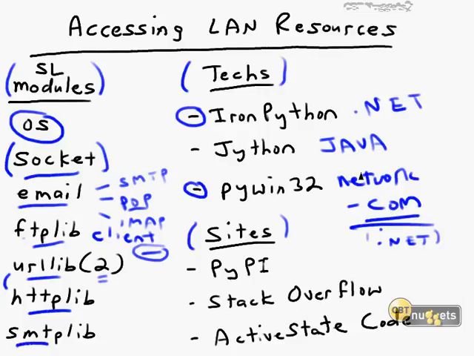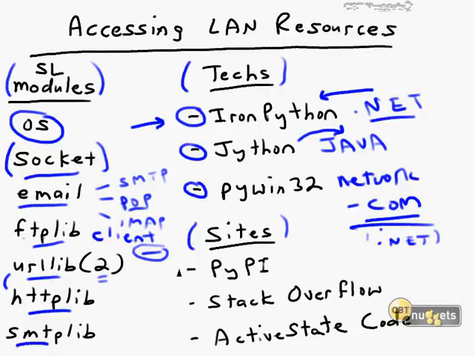Therefore, if you plan on doing heavy Python interaction with .NET, I would recommend you just build your applications from within the IronPython environment. That way you can actually access the .NET framework libraries that pertain to networking. Same thing goes with Jython. We have tight integration with the Java virtual machine and the Java runtime. If you ultimately want your Python code to run or interact with Java, you might as well use Jython.